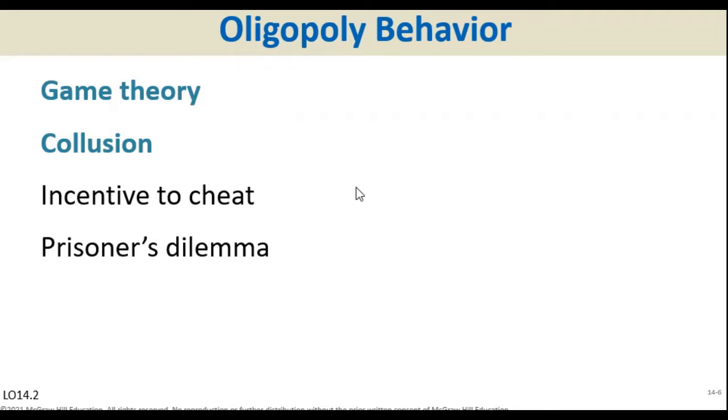Let me give you a scenario for the prisoner's dilemma. The district attorney's office may have two individuals suspected of committing a crime, but they don't have proof to convict them. Since there's no bond between them, they put them in two different cells and offer them a deal.